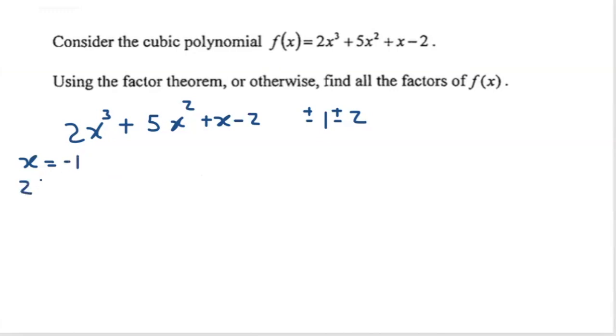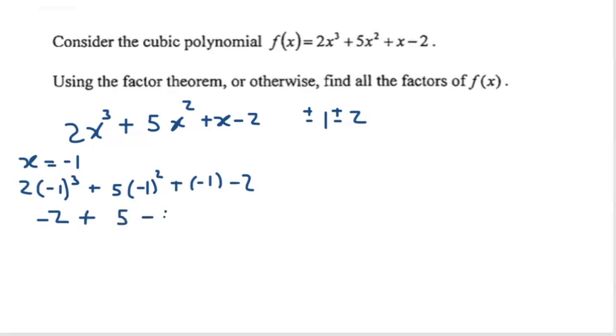So I have 2 open bracket negative 1 cubed plus 5 open bracket negative 1 squared plus negative 1 minus 2. Negative 1 cubed is minus 1, so minus 1 times 2 is negative 2. Negative 1 squared is 1, so 1 times 5 is 5.